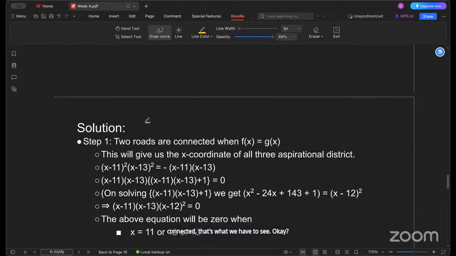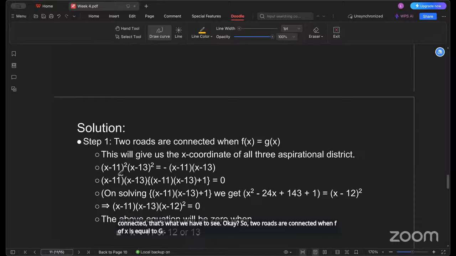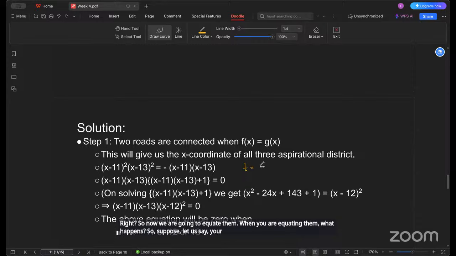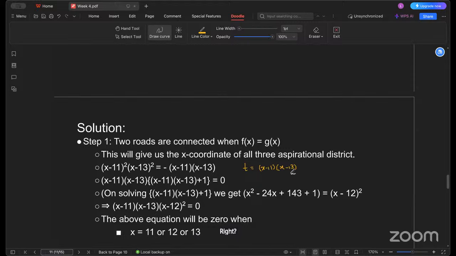Okay. So two roads are connected when f of x is equal to g of x, right? So this is your f and this is your g, right? So now we are going to equate them. When you are equating them, what happens? Suppose let us say your t is equal to x minus 11 into x minus 13, right? So what is your LHS? LHS is t square. Am I correct?